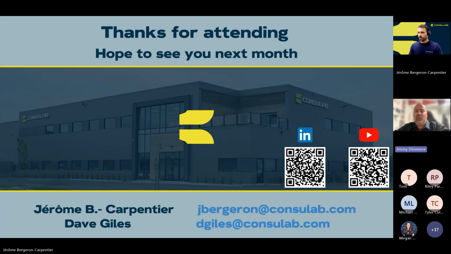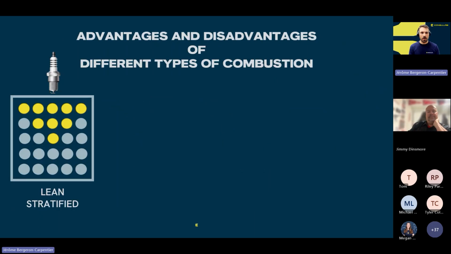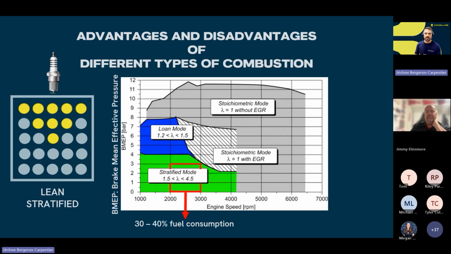Can you explain more about how EGR flow might influence stratified mode? Yeah, so if we go back to our schematics here. Basically, what we want with EGR and without EGR. With EGR, we're going to reuse those unburned fuel, which can be from the combustions or vapor from the fuel tank that we filter through the canister.